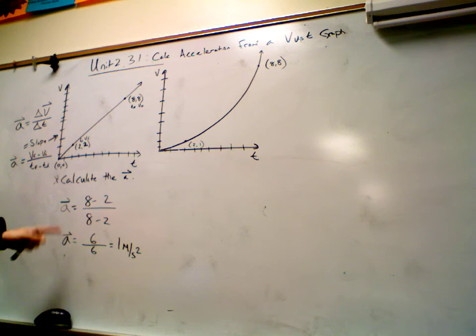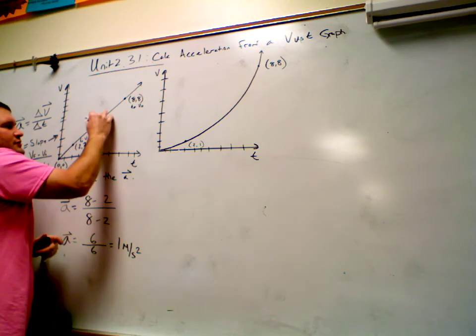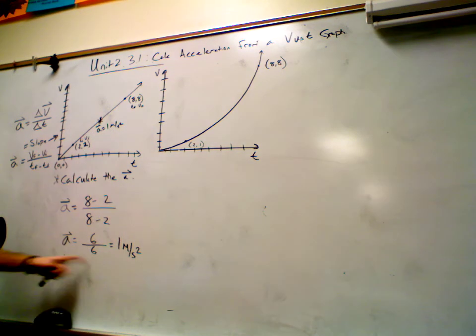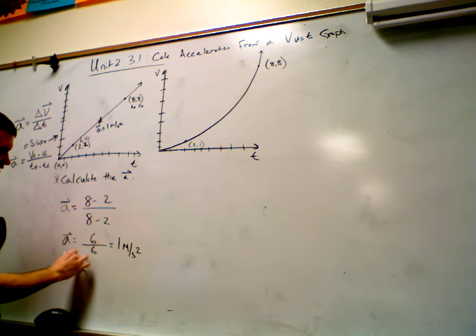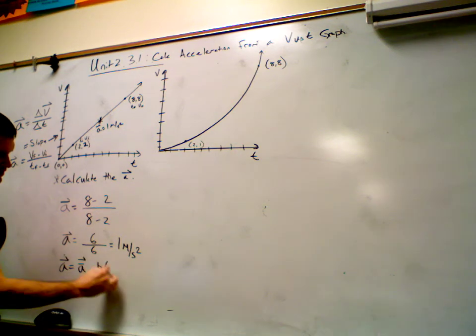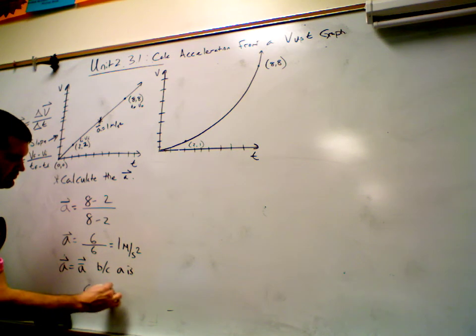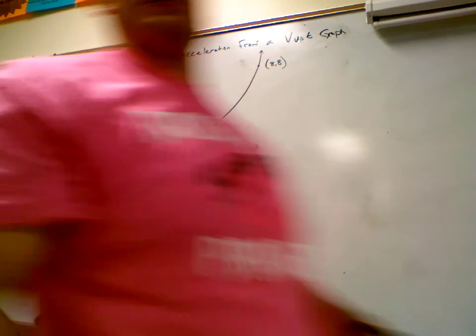That 1 meter per second squared acceleration is over the whole trip, and at that specific moment, acceleration will be 1 meter per second squared. This is A instantaneous equals average A because A is constant. Does that make sense, guys?